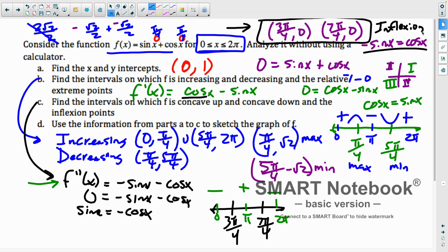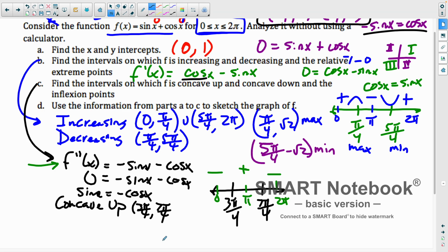And if I'm listing here, concave up from 3 pi over 4 to 7 pi over 4, and I'm going to be concave down the other two locations. So concave down from 0 to 3 pi over 4, and from 7 pi over 4 to 2 pi.